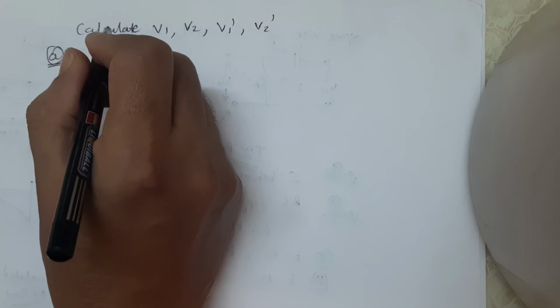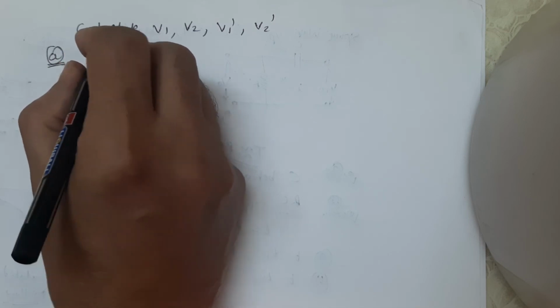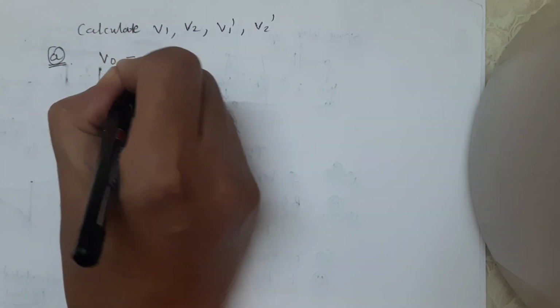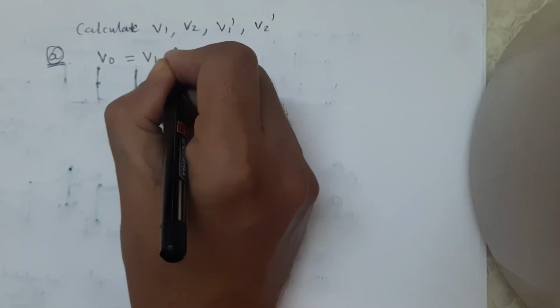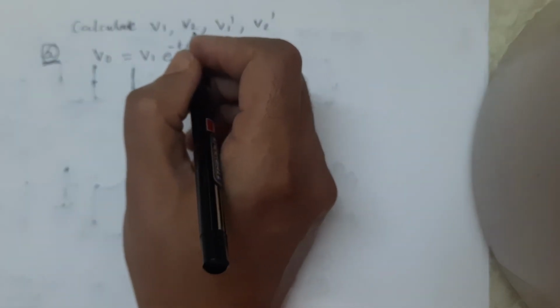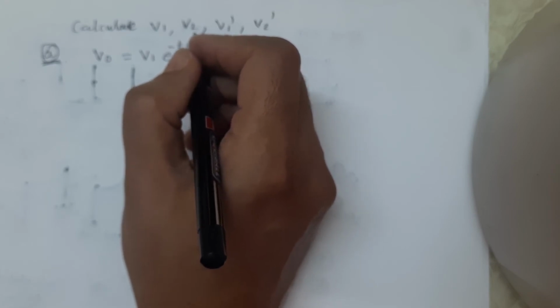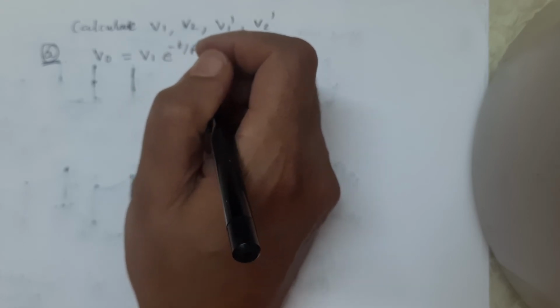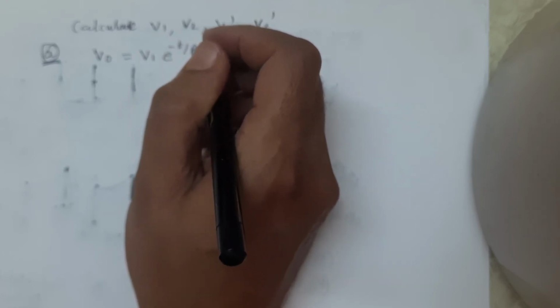The output voltage from V1 to V2 is given by V0 equal to V1 e raised to minus t upon RC.